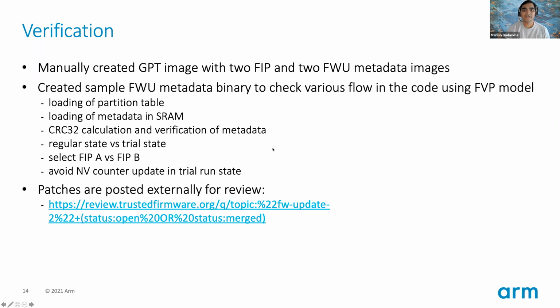So I just updated the active index to either A or B, then created the metadata images and added them over here, and then just checked whether I'm getting the proper image running or not.